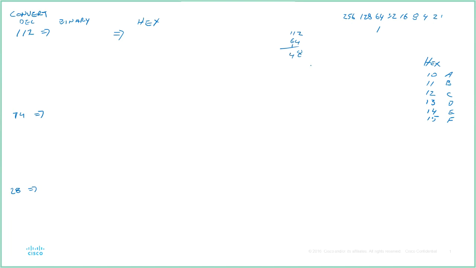This is 48, if my maths is correct, which is a 32 and a 16 and then zeros. So this will give us 1, 1, 1, four zeros.